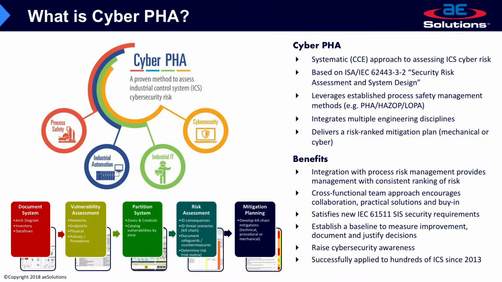And then the system is partitioned typically into security zones and conduits, following the ISA 62443 model. And then really the heart of the process is that fourth block over, the actual risk assessment workshop, where a cross-functional team led by a facilitator looks at each security zone and talks about what are the realistic threats, what are the known vulnerabilities, and most importantly, the consequences.